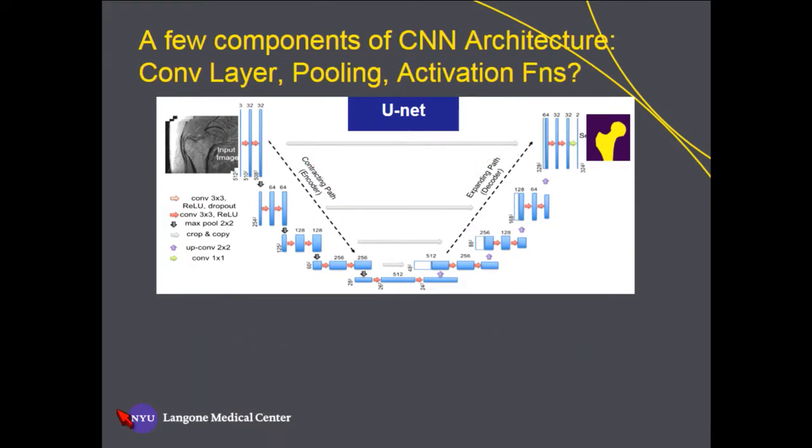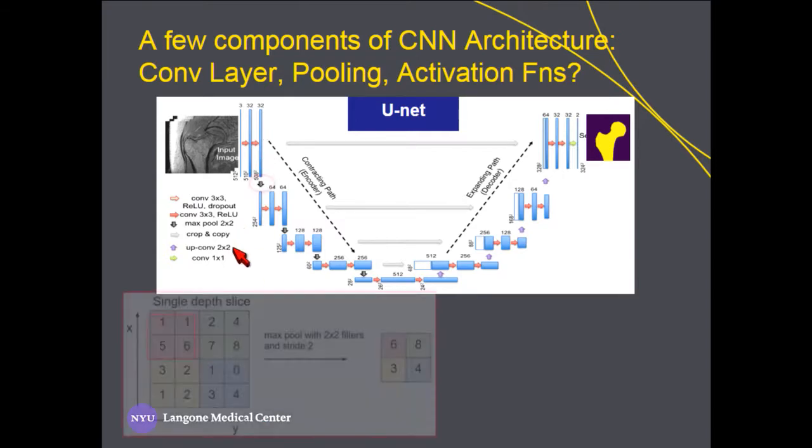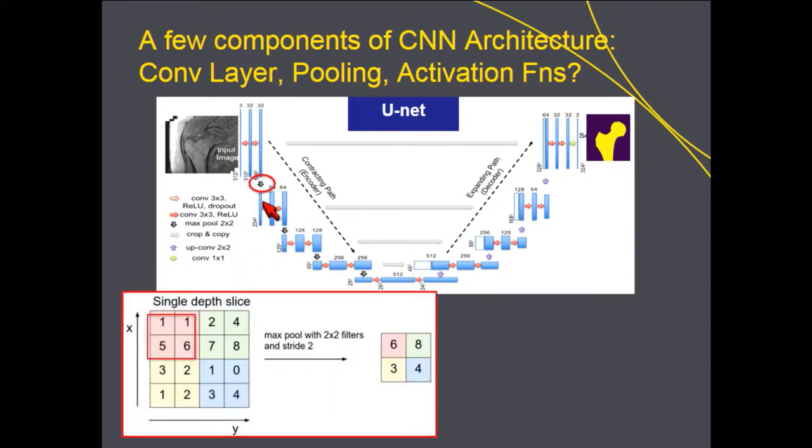What are these layers, a little bit? Okay. Pooling layers are just downsampling. So it's not mysterious. They are just taking a 2 by 2 matrix and taking the maximum value, and then sliding over and taking the maximum value, so that you are essentially downsampling.